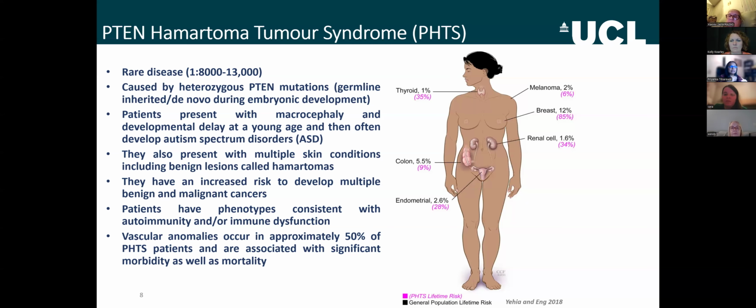That has led to our understanding of the different classes of mutations. In the publication I mentioned, we looked in a mouse model and then correlated our findings with what is seen in PHTS patients, thanks to published work and the patient registry.